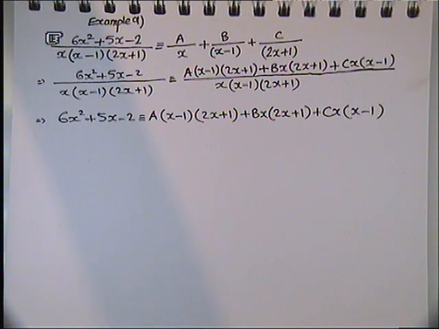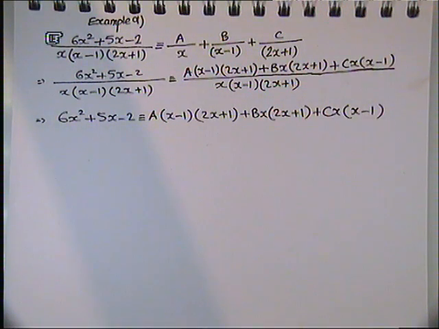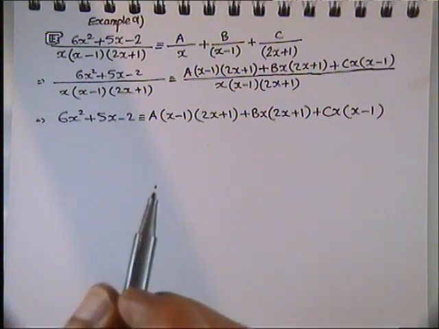Okay, so since we're going to use the substitution method, we don't really need to expand these brackets. If we had to use equating coefficients, we really have to expand these brackets up to a certain point.